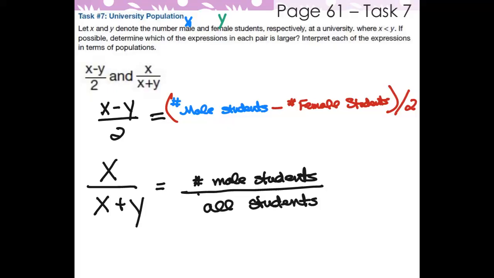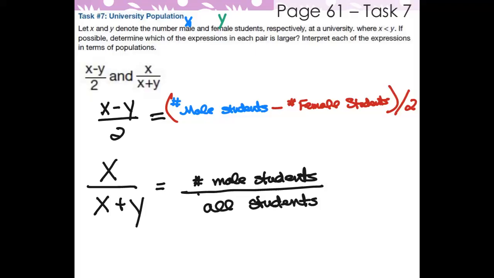Jamani, talk to me about that first expression, x minus y all divided by 2. What kind of an answer am I going to get there? X minus y, number of male students minus female students.